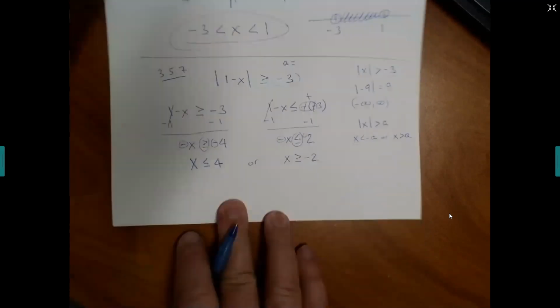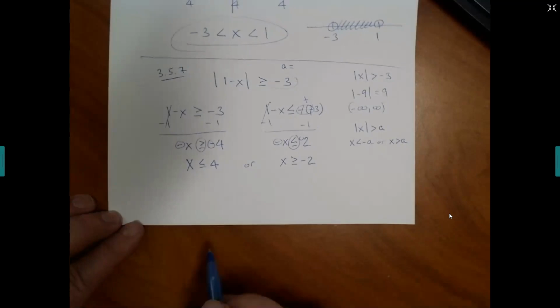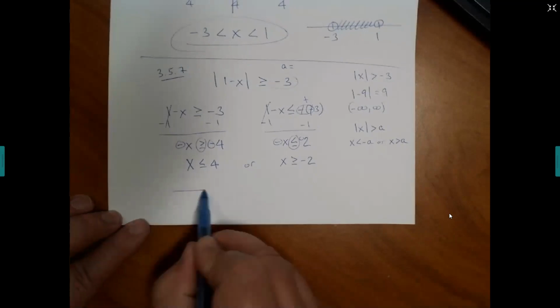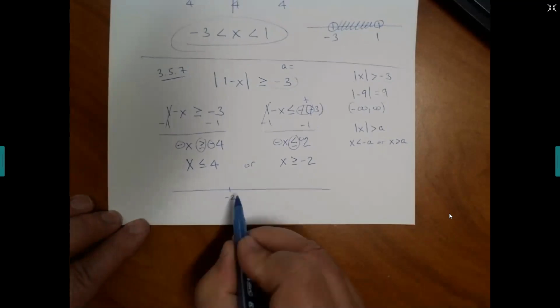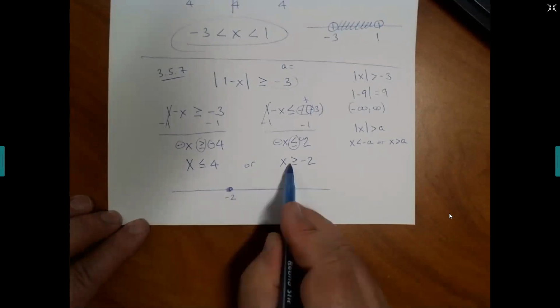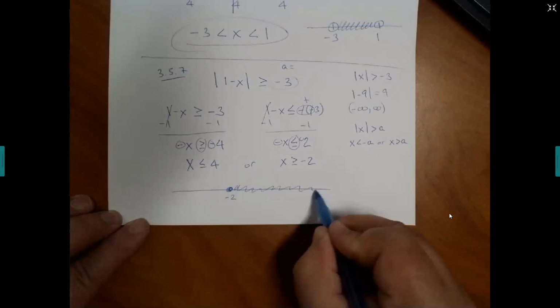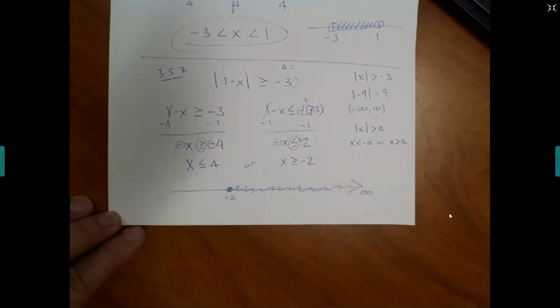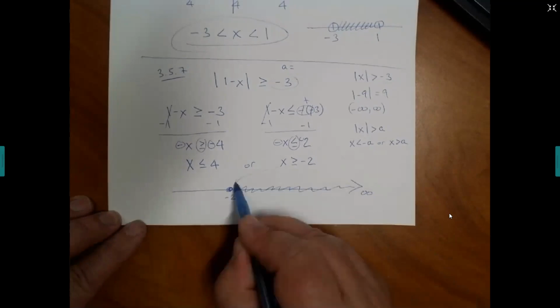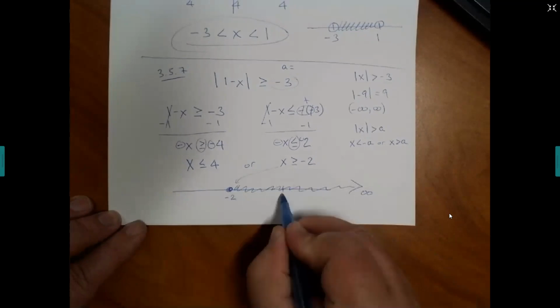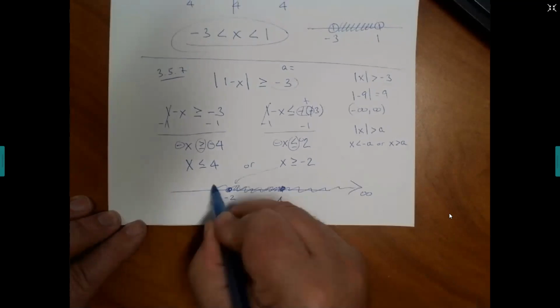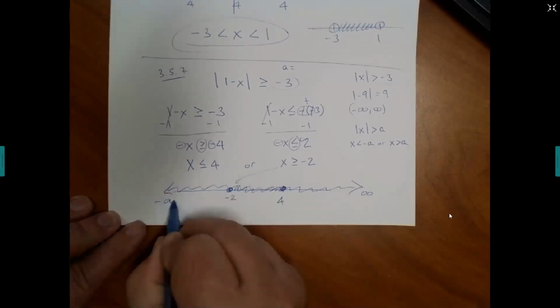So now, is this going to be infinity? Here we have -2. It's a block, and it's greater than, so it's everything over here going to infinity. That's this one. The other one says, here's 4. It's a solid dot, and it's less than, so it's everything over here going to -infinity.